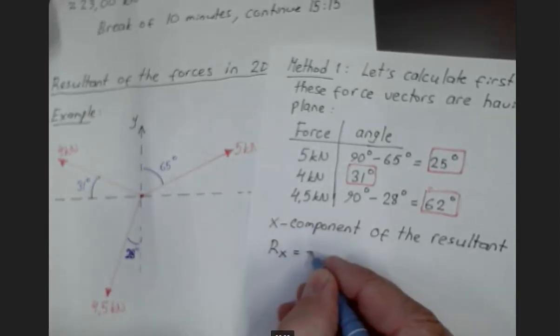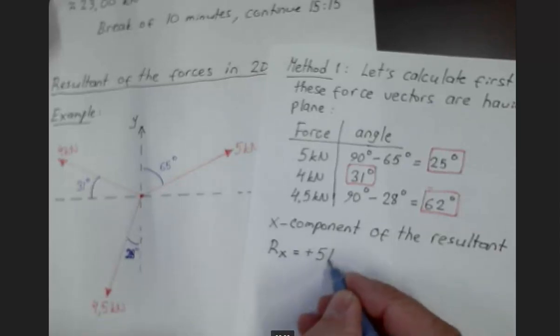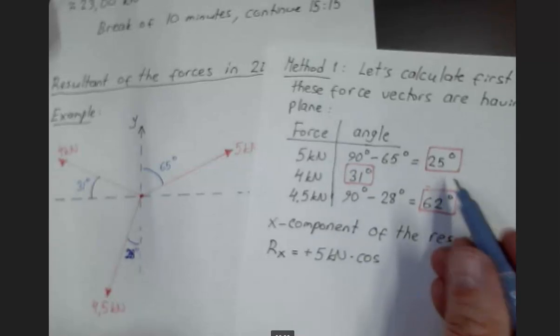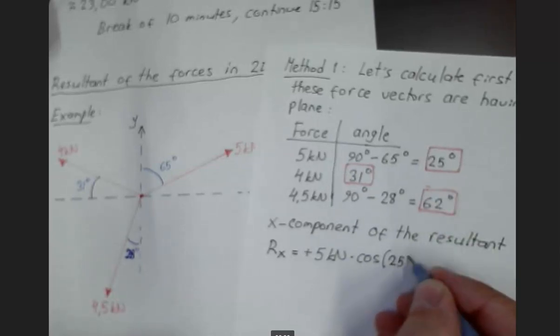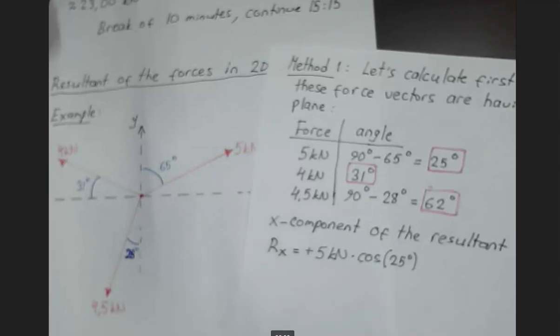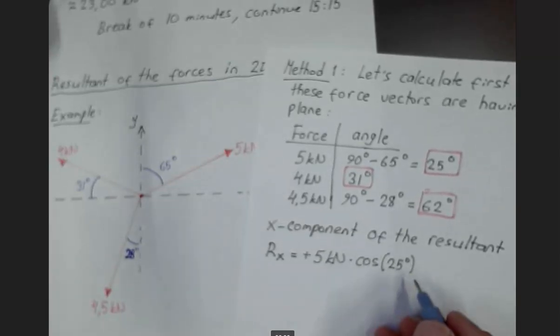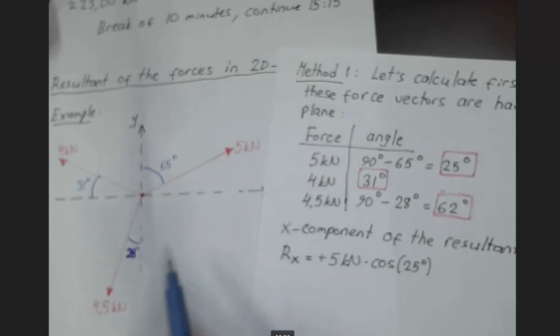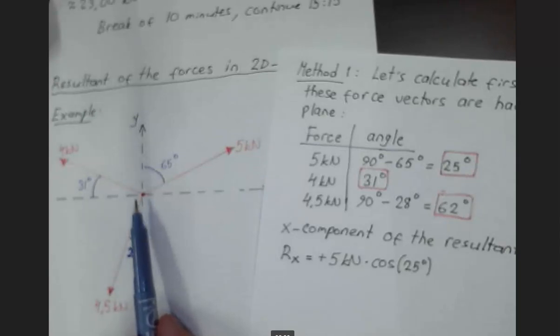So we will get plus 5 kilonewtons times cosine of that angle we measured there, 25 degrees. I only need to remember that in x component I use cosine. And this is because we have measured the angles from the horizontal plane. So when I take the next component, I only check what is the direction.